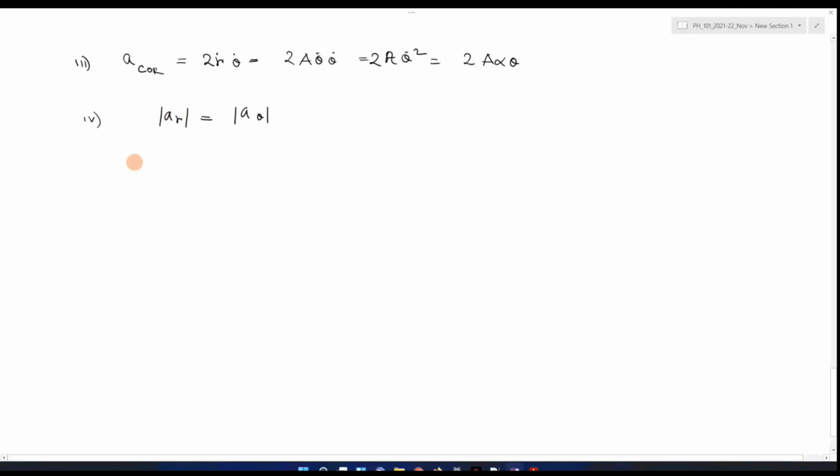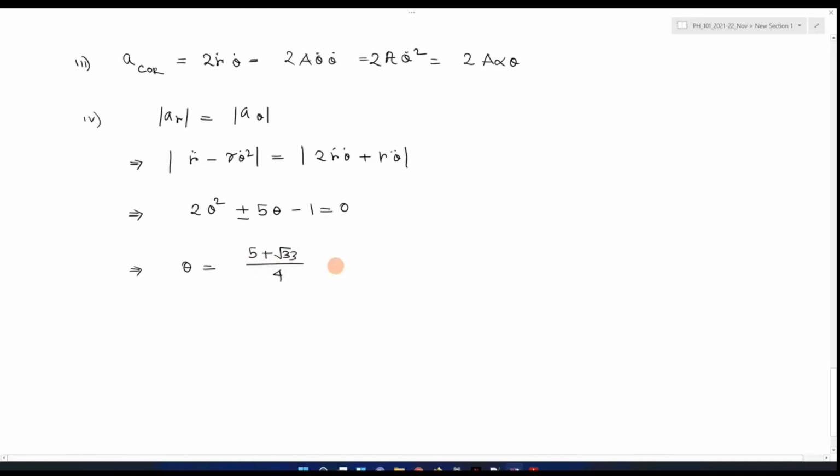So it will become r double dot minus r theta dot square is equal to modulus of 2 r dot theta dot plus r theta double dot. You simplify it, substitute it, finally you will have the equation 2 theta square plus minus 5 theta minus 1 equal to 0. Now once you simplify this, you will get this much. Let me write this value, okay.